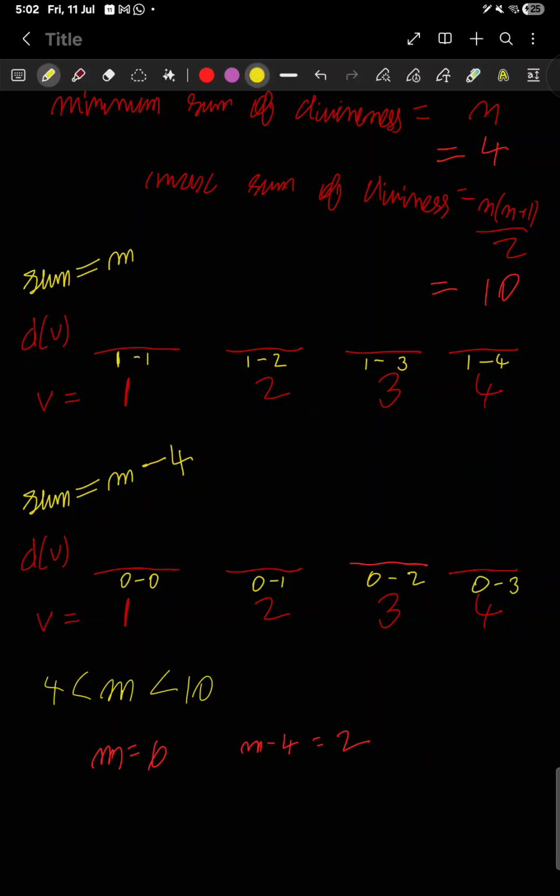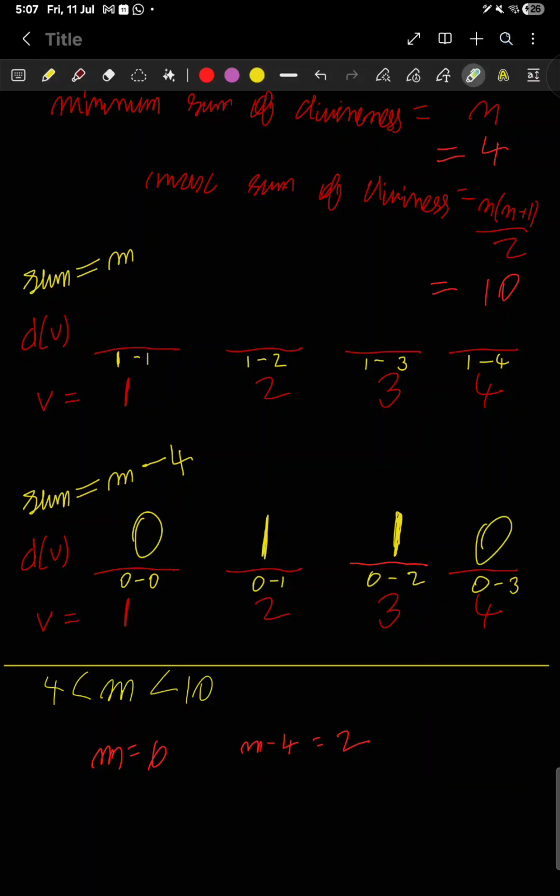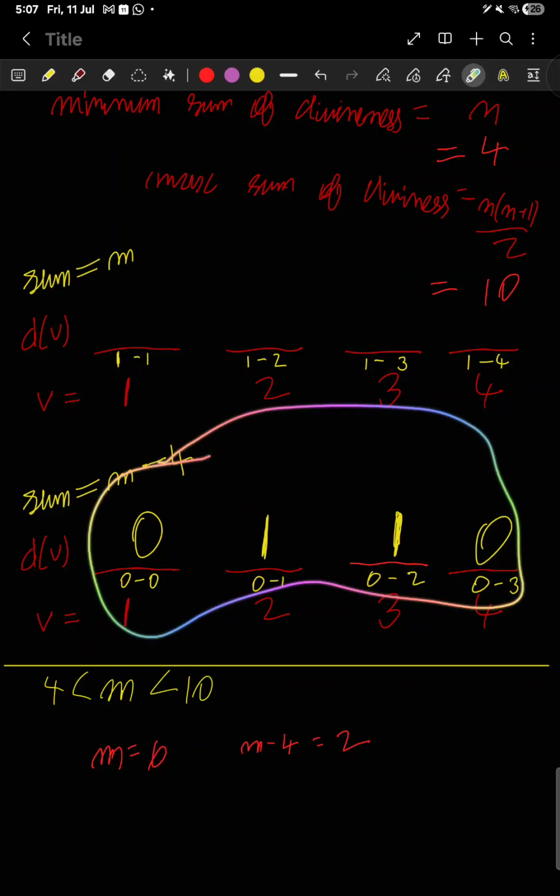So the value of the first node would be 0 anyway, and the value of this one would be 1, the value of this one would be 1. Now that we have achieved a sum of 2, the value of this one would be 0. So now that we have filled every number here, what would have been the actual divineness of these nodes?